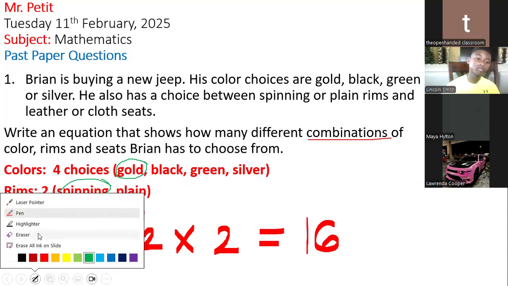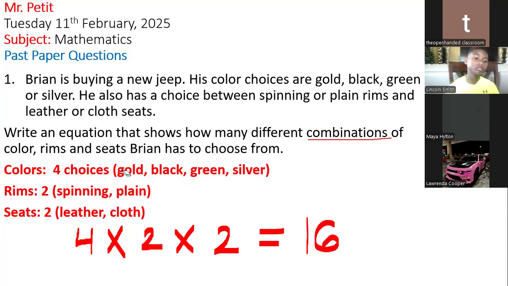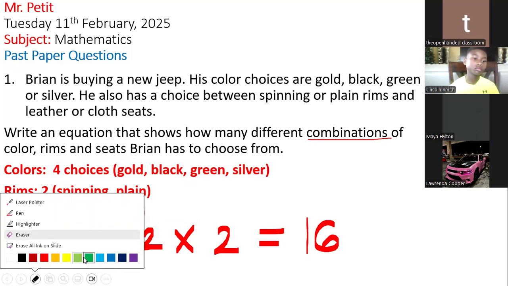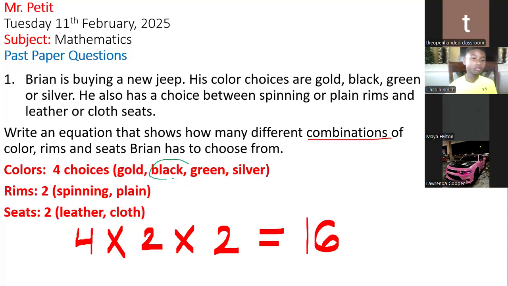Or another option could be the black, along with plain rims and cloth seats. And another option is that you could choose the green with plain rims and cloth seats. This is just a representation of the different options that you have.